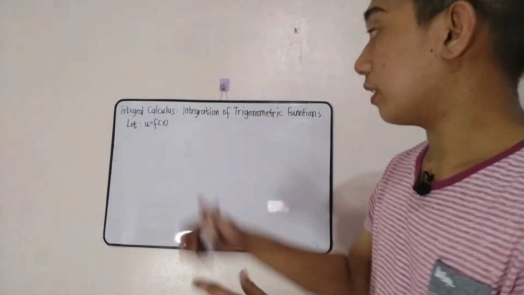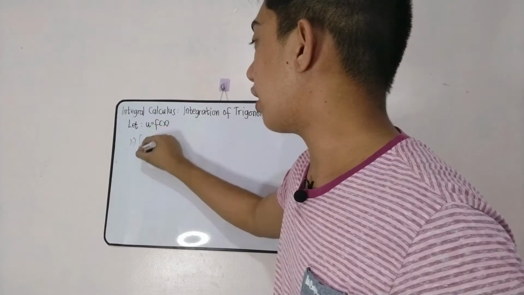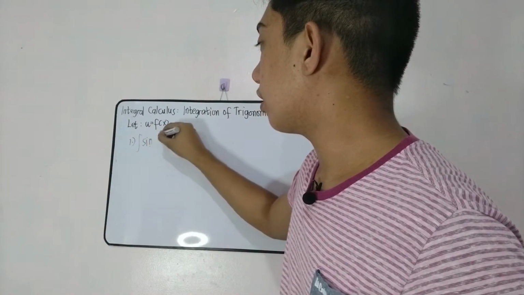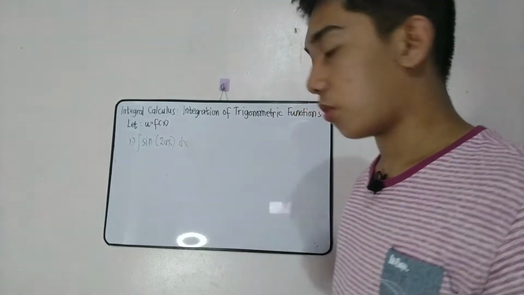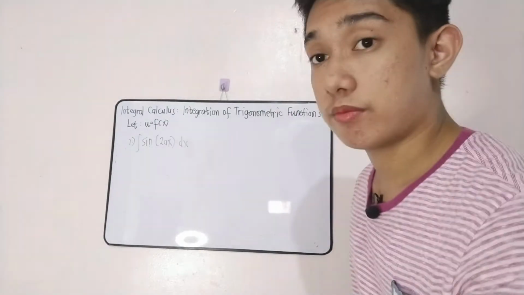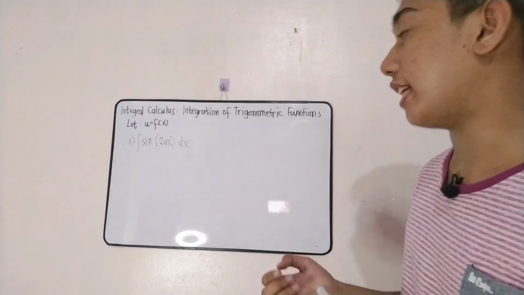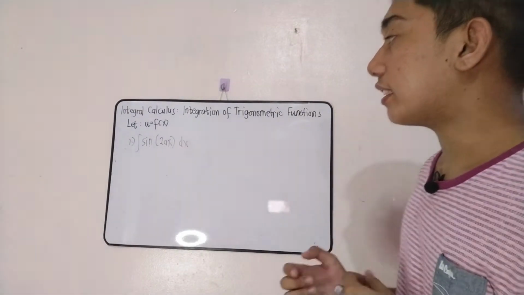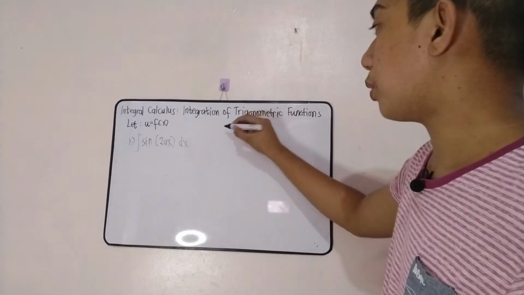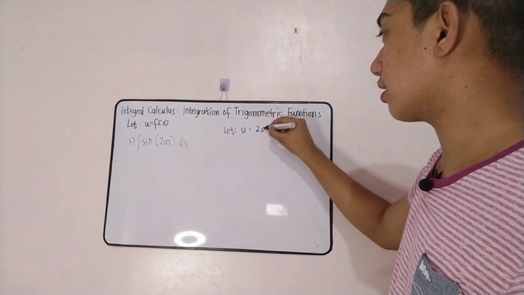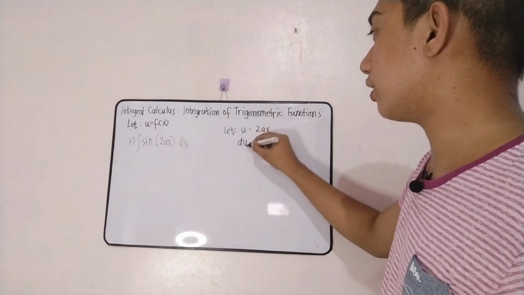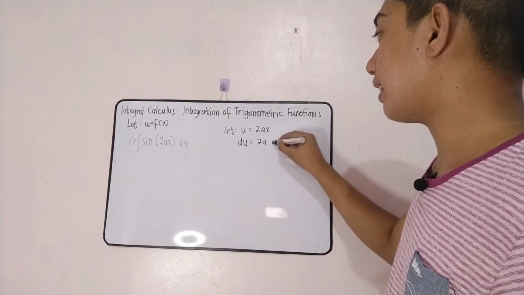Number 1. The integration of sine 2ax dx. To get its integration, to make it easier, we will let u be 2ax, and du is equal to 2a dx.